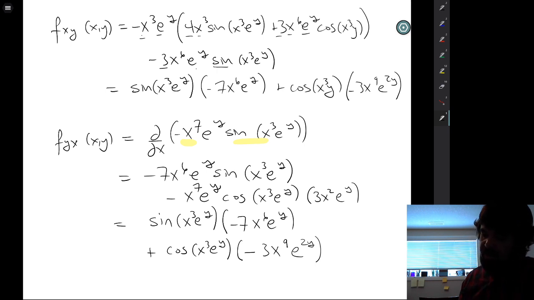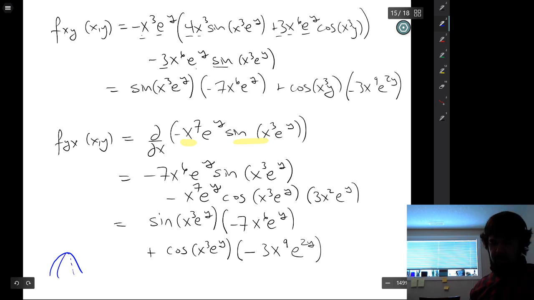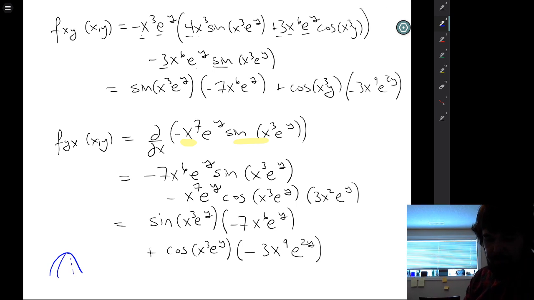One of the reasons why the second derivative test is a lot more complicated is that you could have a local max, right, where you look at the second order partials with respect to x and y, and they're both negative. It's kind of concave down in every direction, so you get a maximum. You could have a minimum where you're concave up in every direction, okay?